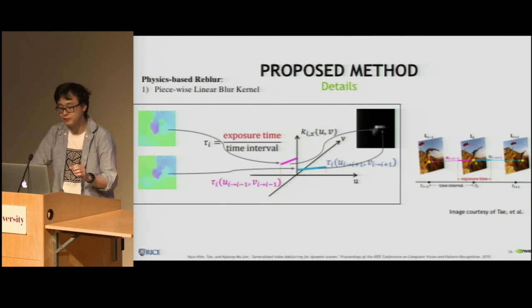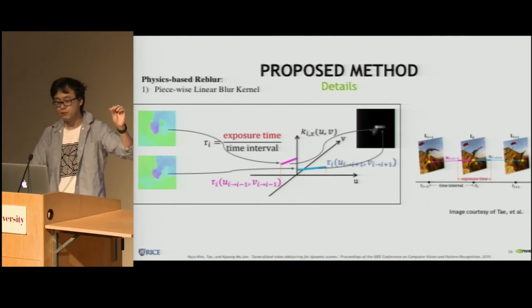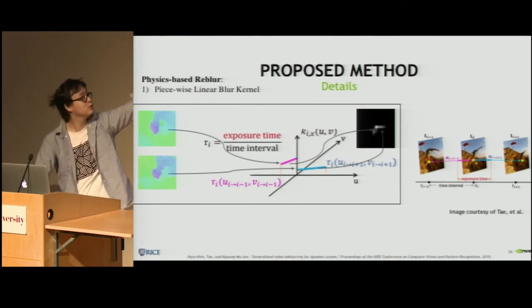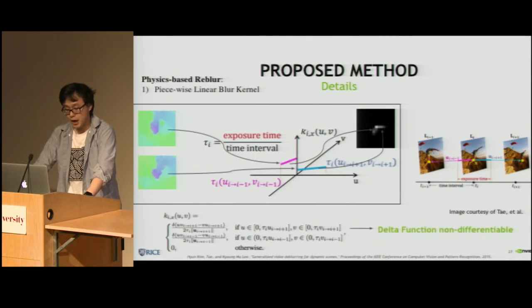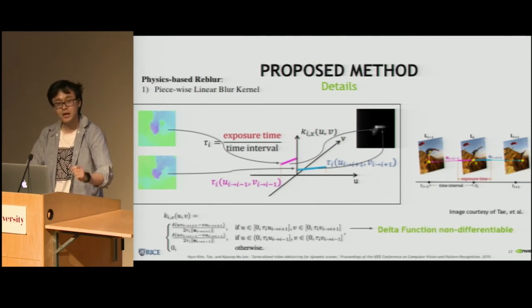And the blur kernel of a point in the latent sharp image at time t is contributed half from the point moving from t-1 to t, and half from t to t+1. That's why eventually you will have a two-part blur kernel there. So this method uses the delta function to model the linear movement. However, the delta function is not differentiable.